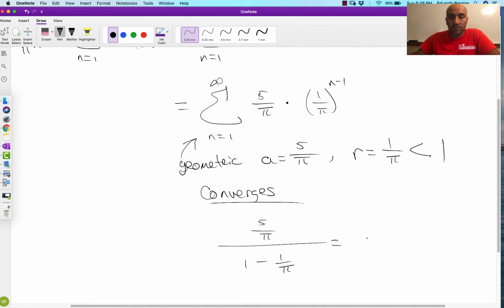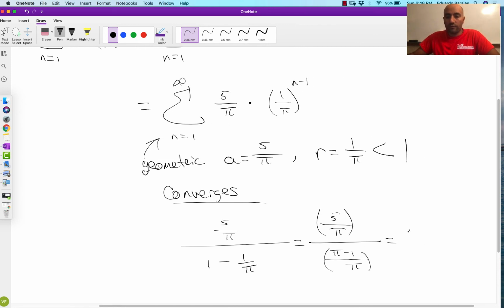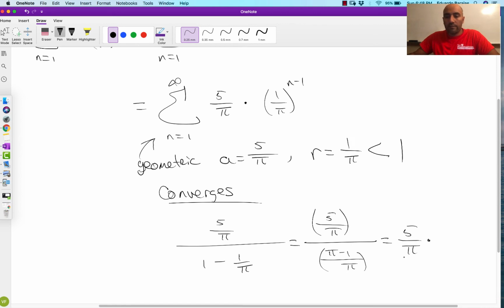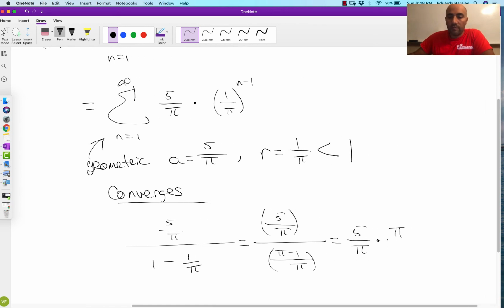That's just going to be equal to 5 over pi divided by, if I put a pi over pi, I end up with pi minus 1 over pi, like this, which is equal to 5 over pi times, and now multiply the numerator times the reciprocal of the denominator, we end up with this, pi minus 1, and now the pi's cancel, and so we end up with 5 divided by pi minus 1, right? Good enough. Or you can just approximate that with your calculator.